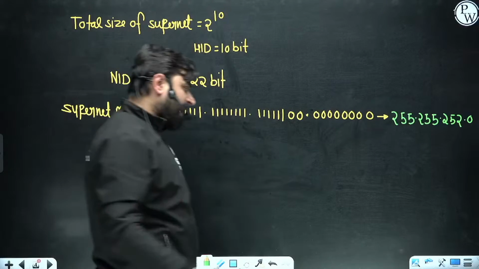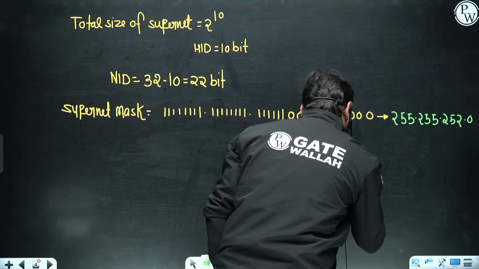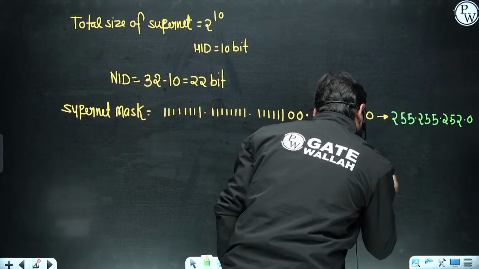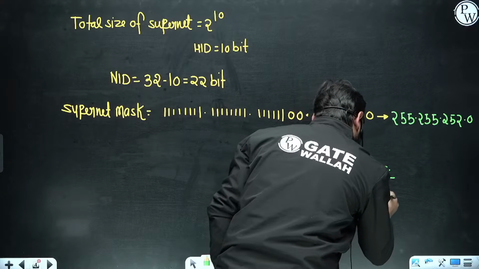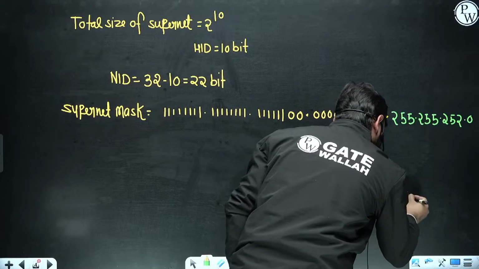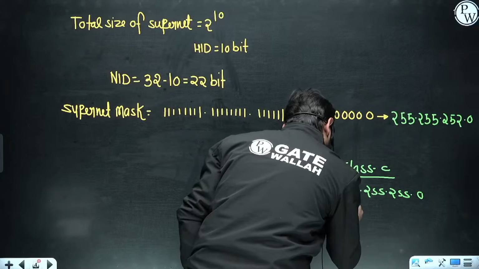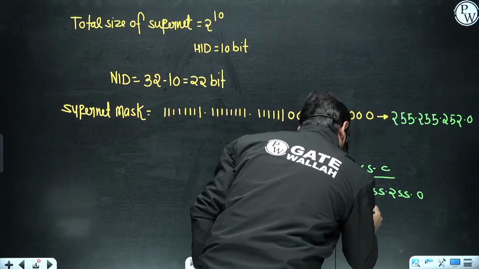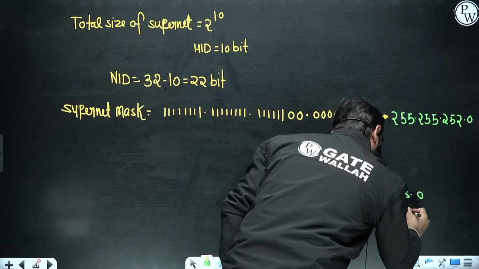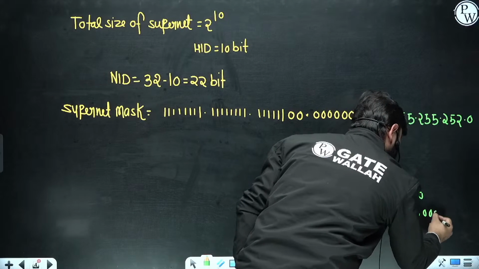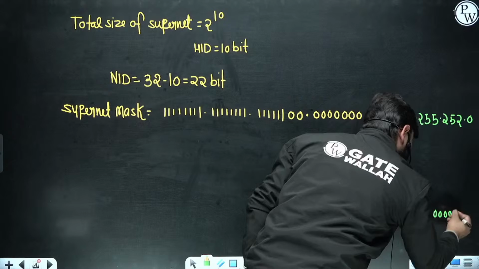You know one thing, my dear friends, in class C, the default subnet mask is 255.255.255.0. 1, 2, 3, 4, 5, 6, 7, 8, four times.